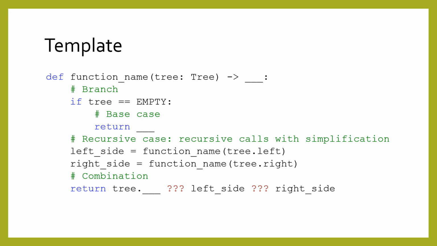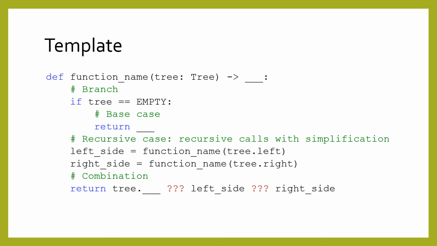We combine these two variables along with the actual value field from the current tree instance. The underscore indicates how this attribute may vary from problem to problem, and the question marks indicate how the combination operator may not always be addition. The final result of the combination is returned, finishing the recursion.